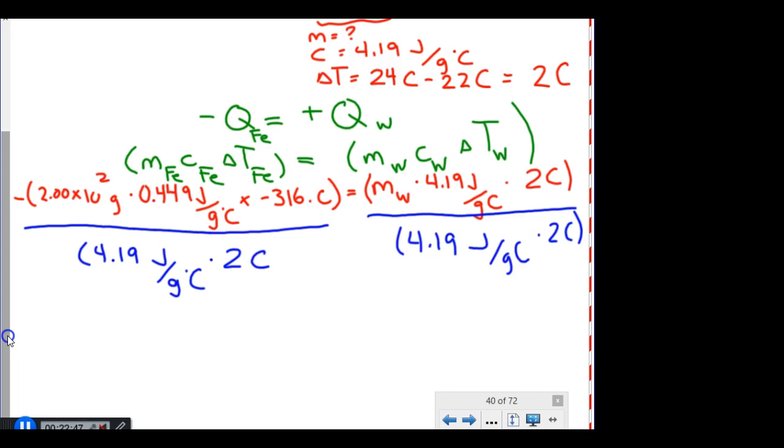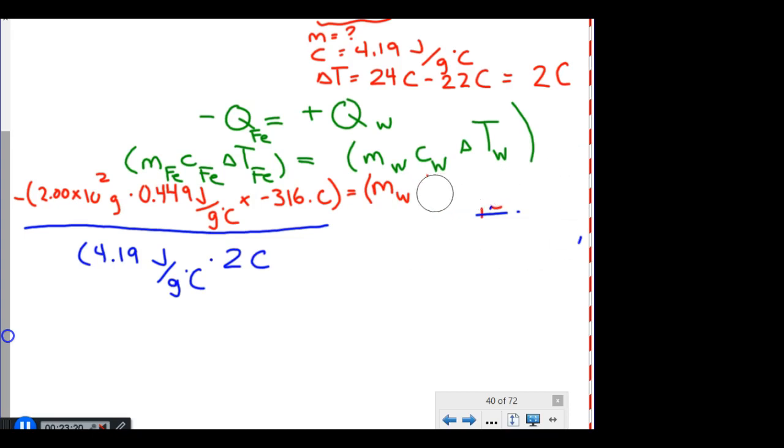Can't you cross out the Celsius on the water side? Because doesn't it, the 2 Celsius and the joules per gram Celsius, doesn't it cross out? Yes, it will. So C will definitely cross out here. Absolutely. Once I do that, I'm going to be left with this.